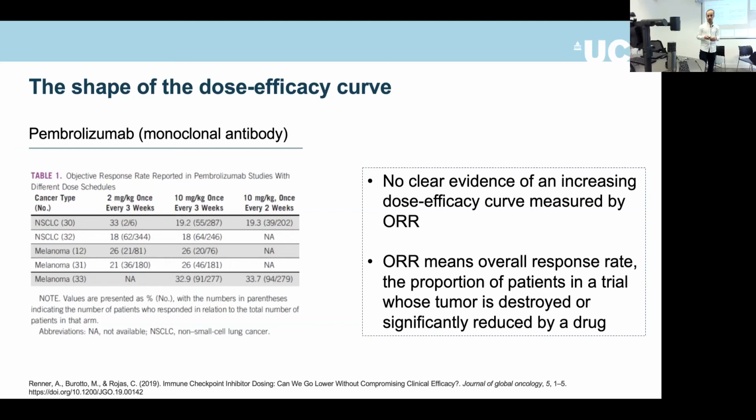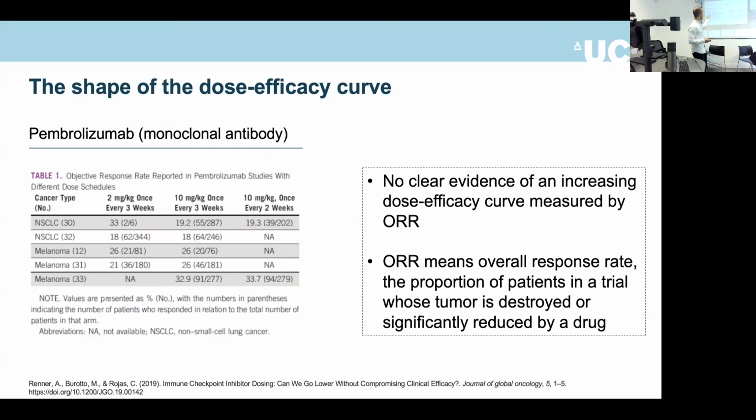If we look at the first one, we've got 2 milligrams per kilo once every 3 weeks in the first column. Second column, 10 milligrams every 3 weeks. And last column is 10 milligrams, but every 2 weeks. So horizontally, we've got an increasing dose level.